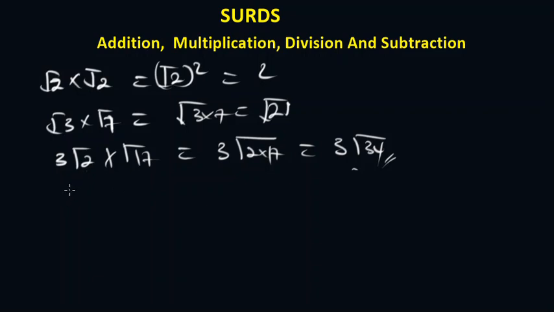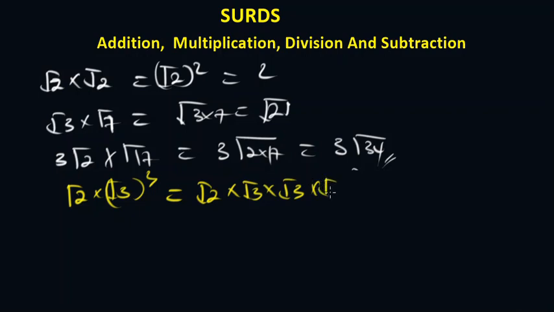Okay, so we can have, let's say, root 2 times root 3 all to the power 3. So this is equal to root 2 times root 3 times root 3 times root 3.